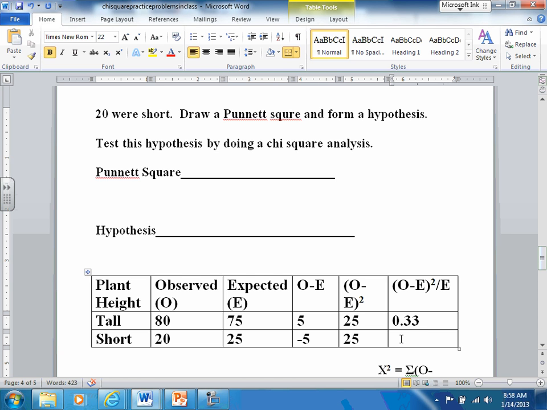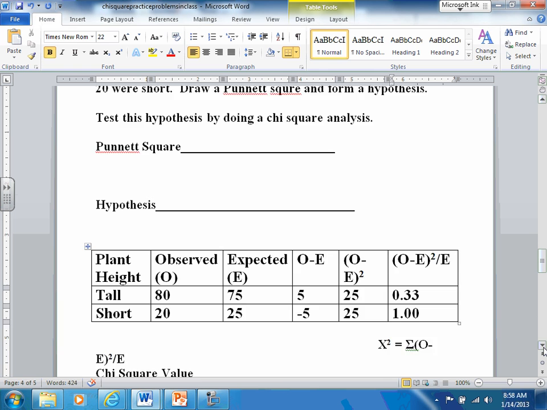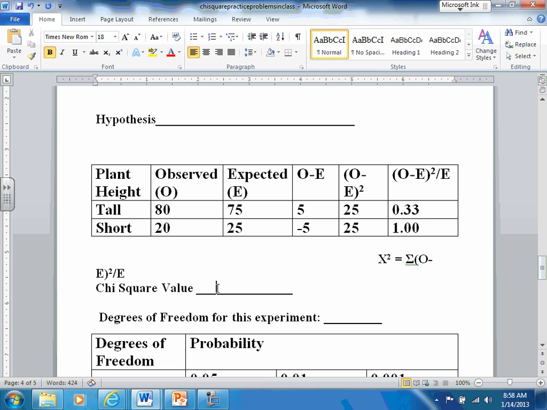And this bottom one's going to be 25 divided by 25. Right. So our chi-square value is going to be what? 1.33. We add them up. And our degrees of freedom for this particular experiment is what? 1, because we had 2 outcomes. It's always 1 less than our total number of outcomes. So 1 degree of freedom.